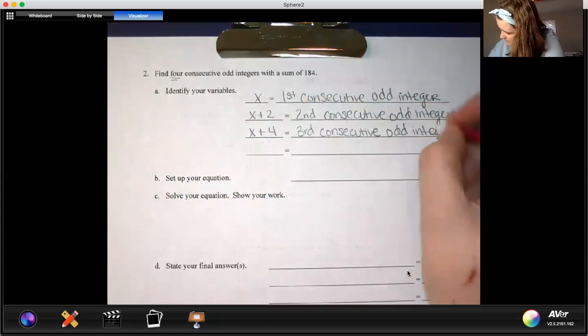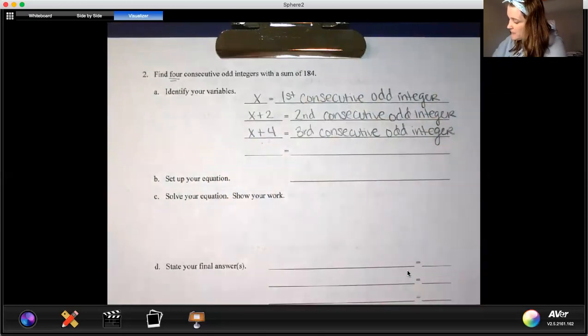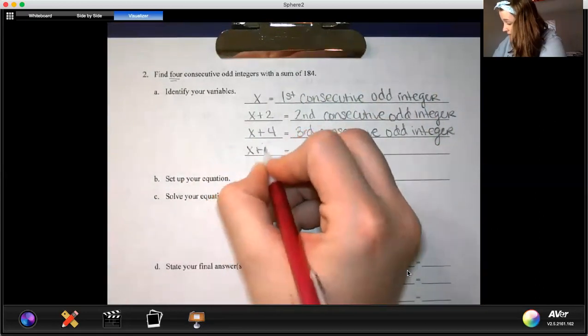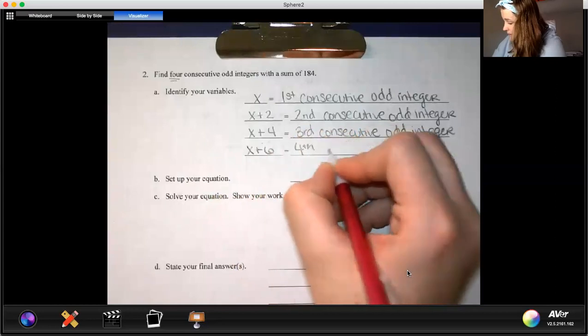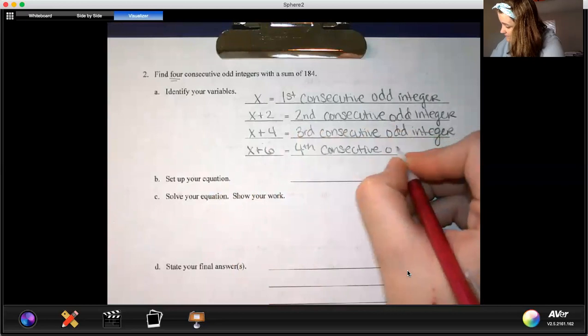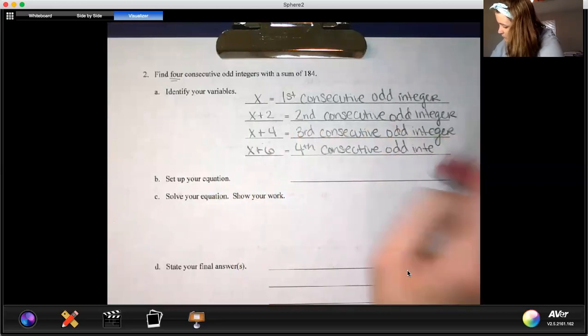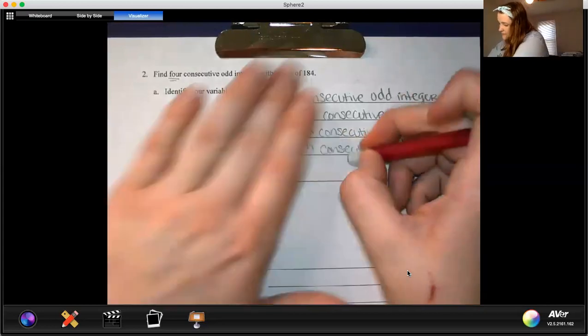And last but not least, X plus 6 for that 4th consecutive odd integer.